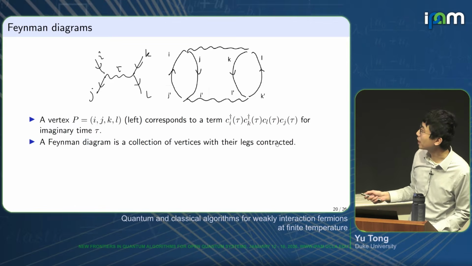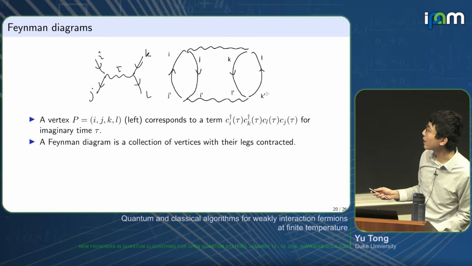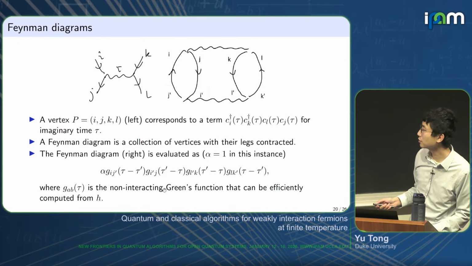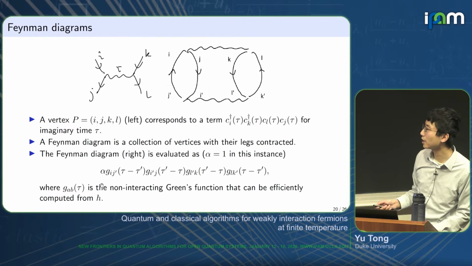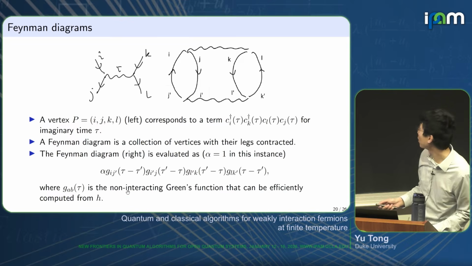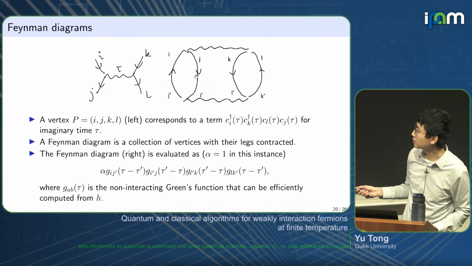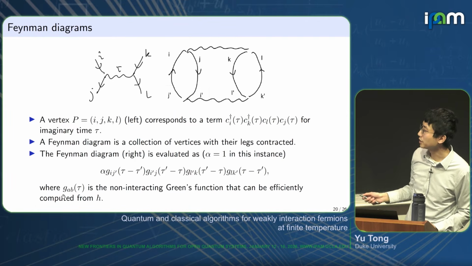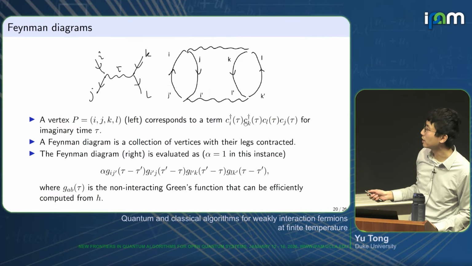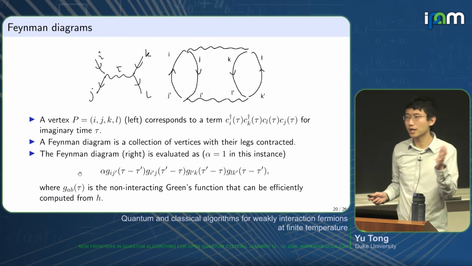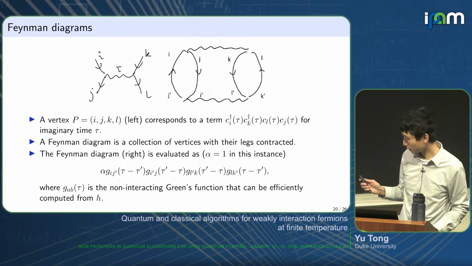For example, the Feynman diagram I have here can be evaluated directly as a product of non-interacting Green's functions. The only thing you need to know is that the non-interacting Green's function can be computed efficiently from your H0. When you evaluate a Feynman diagram, you just multiply them together. There is a sign that is very important, which is 1 or -1. This sign results in the cancellation.